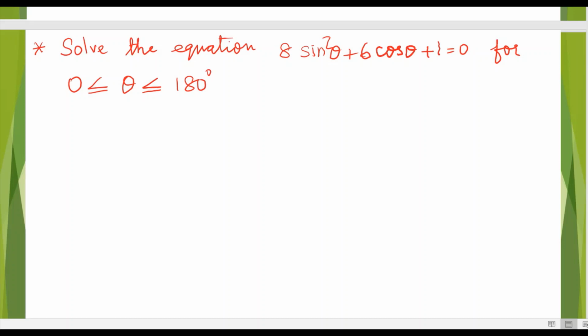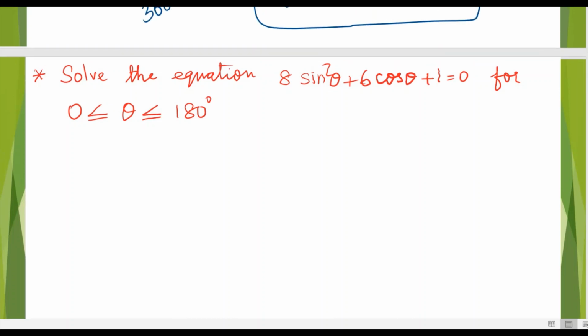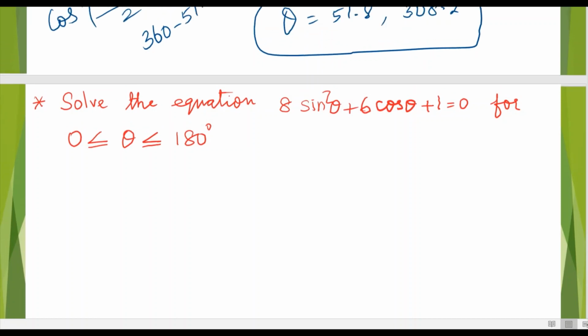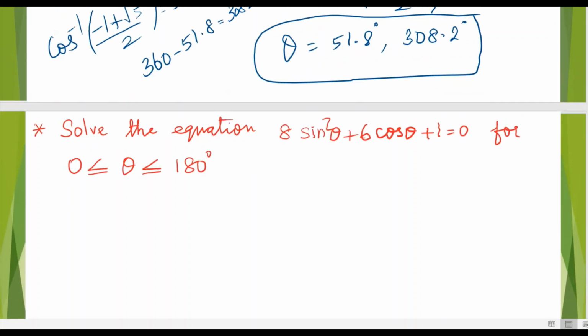Here we have sine and cos both mixed, so we will convert that into cos function. So we know sine square theta is equal to 1 minus cos square theta. So 8 multiplied by 1 minus cos square theta plus 6 cos theta plus 1 equal to 0.